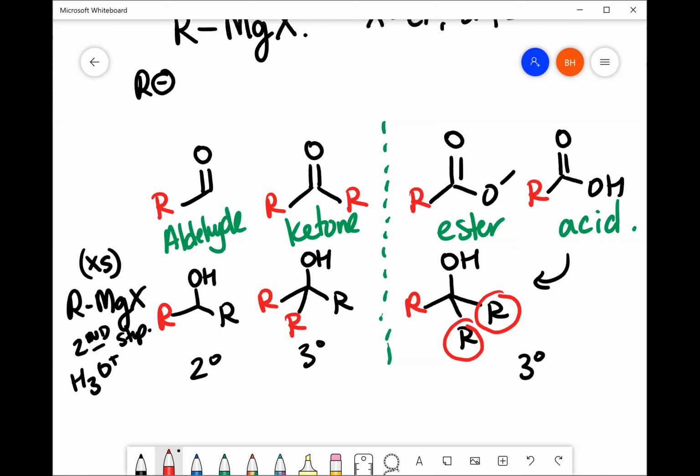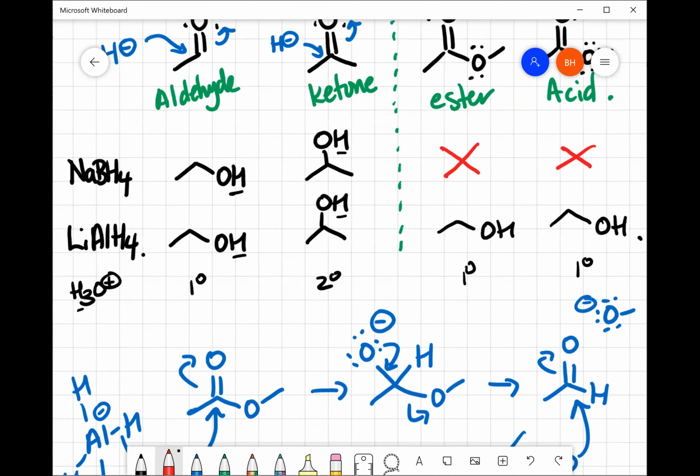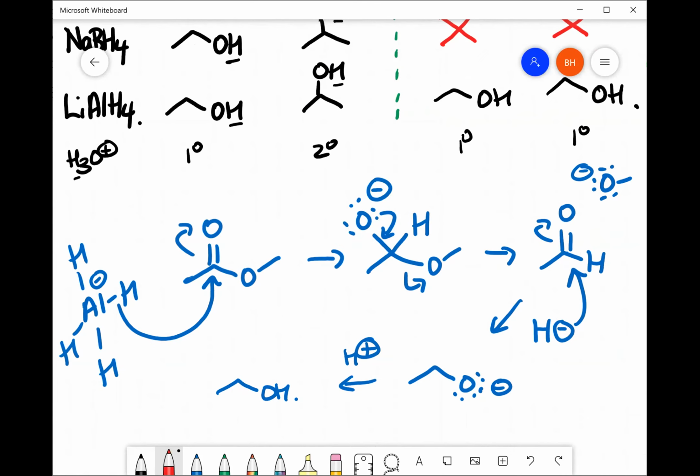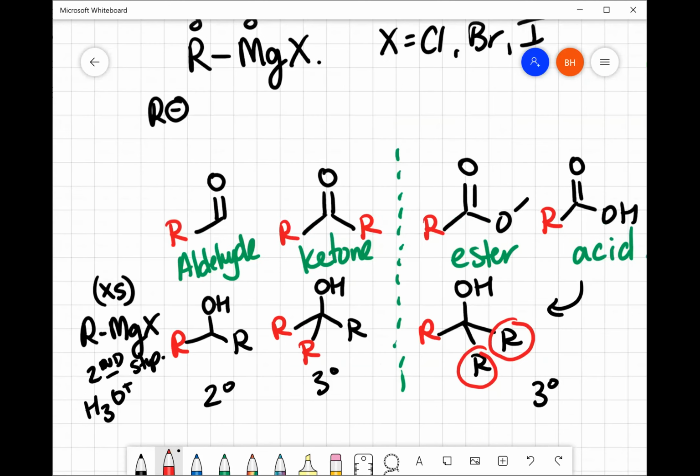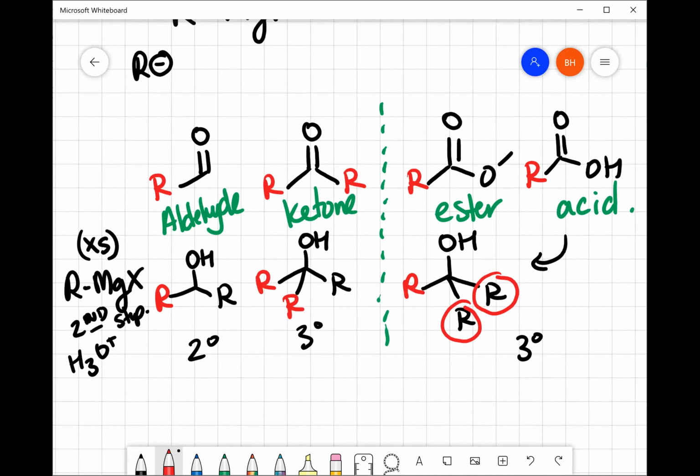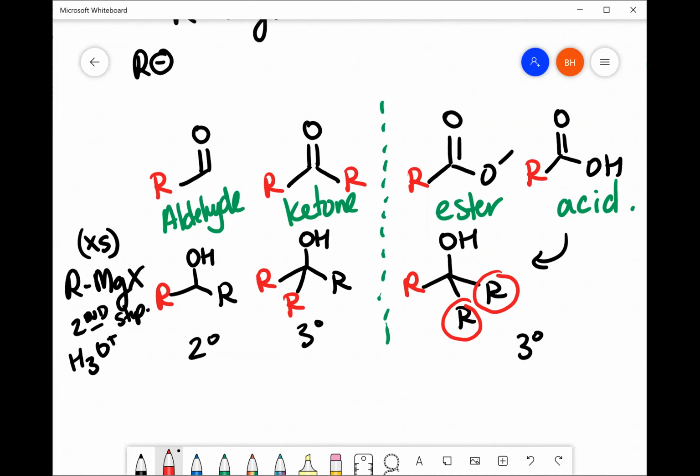So the mechanism is exactly the same as the reduction mechanism that we drew up here. The only difference is rather than adding H minus, we're adding R minus. So these were the two new reactions that were important for the synthesis of alcohols. So you could make an alcohol from carbonyl compounds. That was the key point.